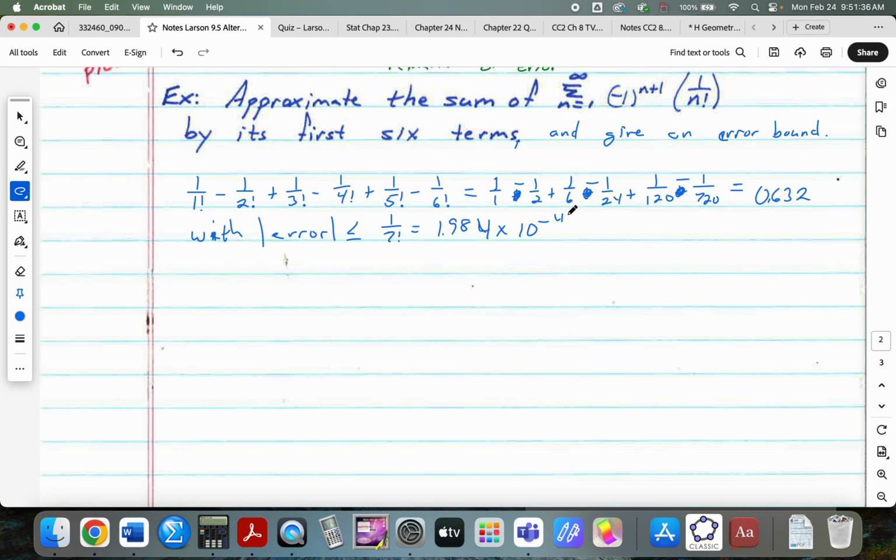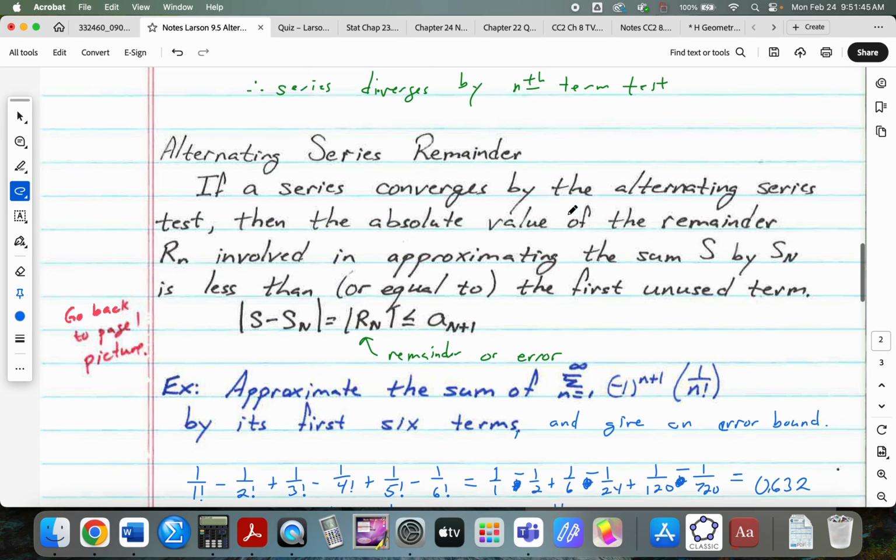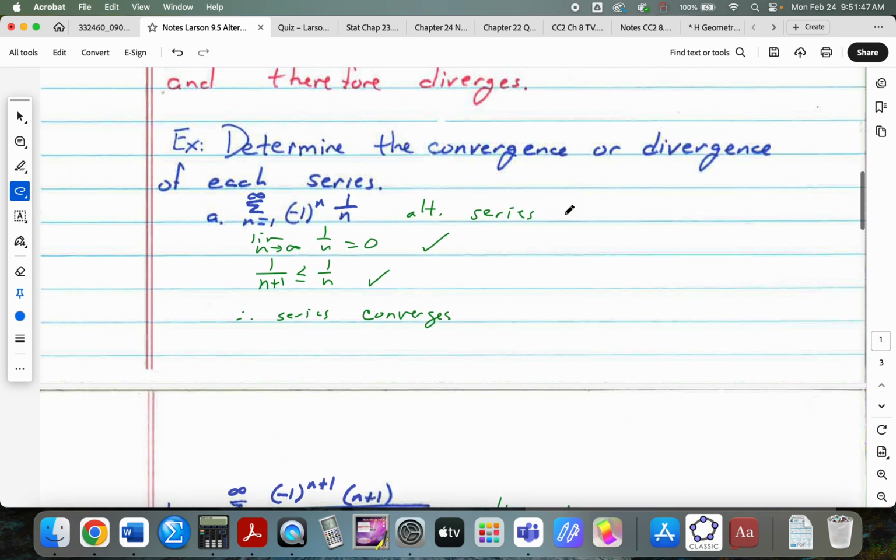Even here, especially, the terms get small really quickly because the denominator gets really big really quickly. If you had, like this one, where it's 1 over n, it takes a little longer because the denominator doesn't get big nearly as quickly. Okay?